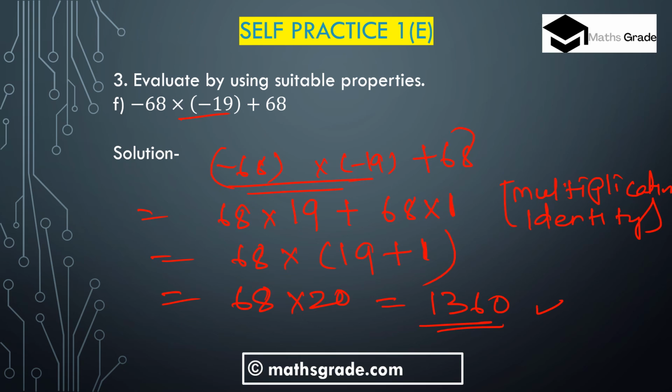Now it is 1360. So minus 68 multiplied with minus 19 plus 68 is 1360. And the properties used are multiplicative identity, and here the distributive property of multiplication.